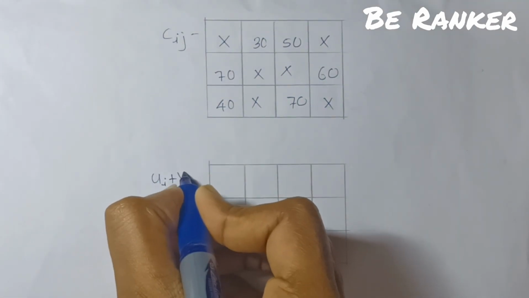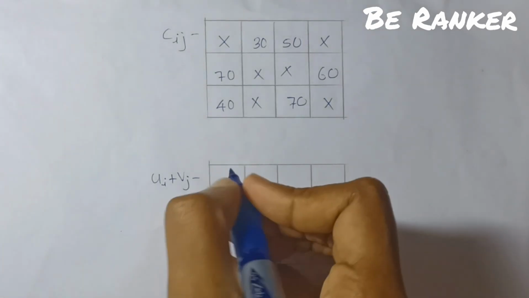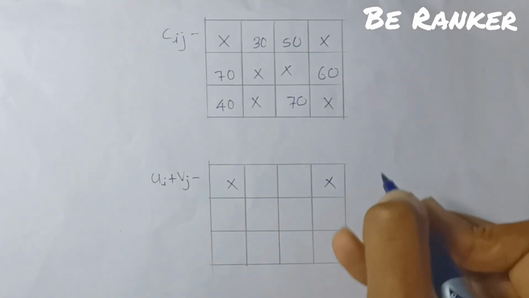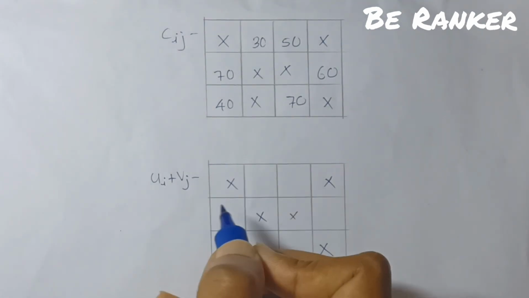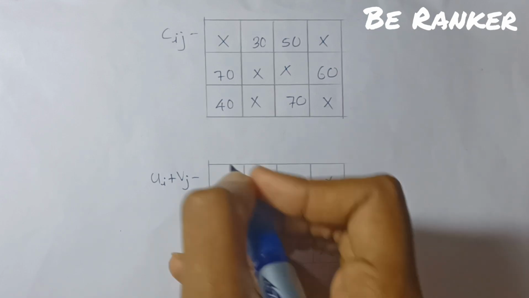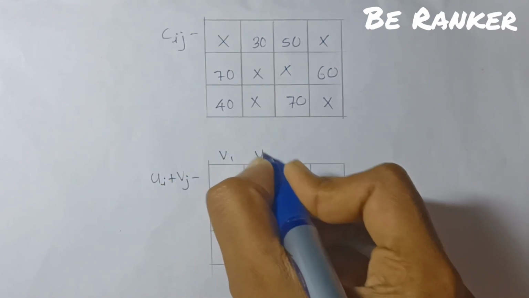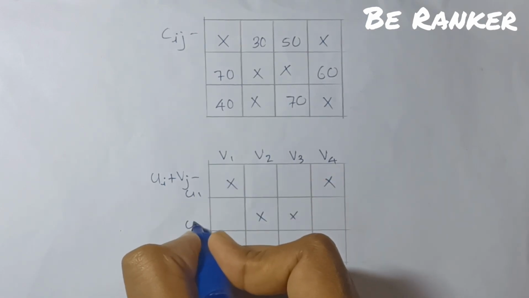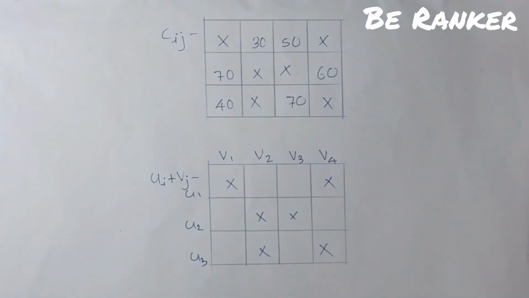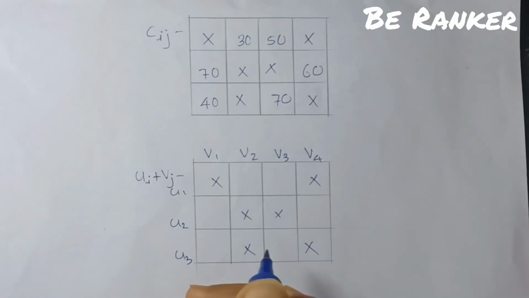In the Ui plus Vj matrix box, here also we cross the allocated cells. For the simplicity of the calculation, I name here V1, V2, V3, V4, and U1, U2, U3.